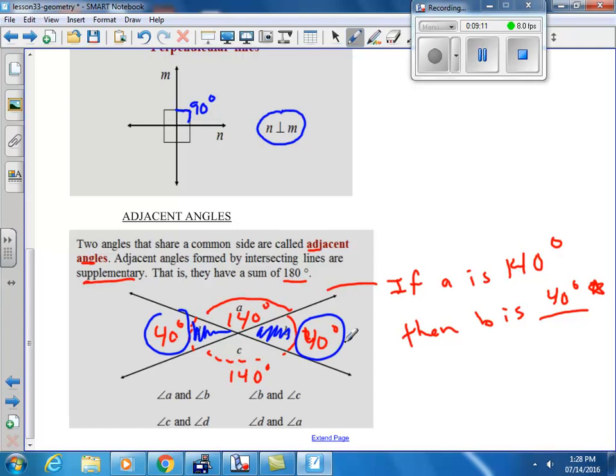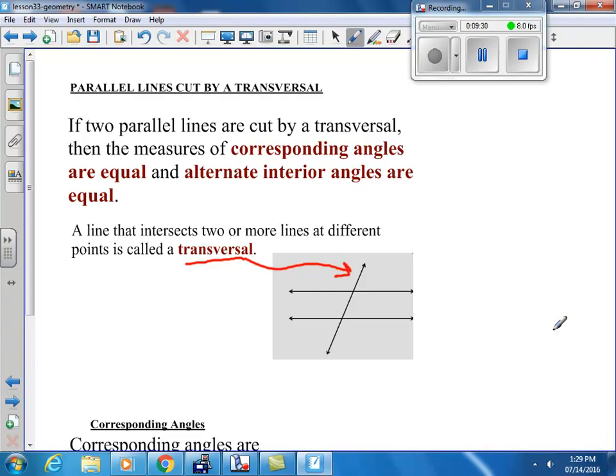And they're called vertical angles. So again, big thing is that adjacent angles are supplementary, and these angles across from each other at the intersection, called vertical angles, are congruent, are equal. Hold all this in your mind, because we're about to fill in the blanks in a moment.